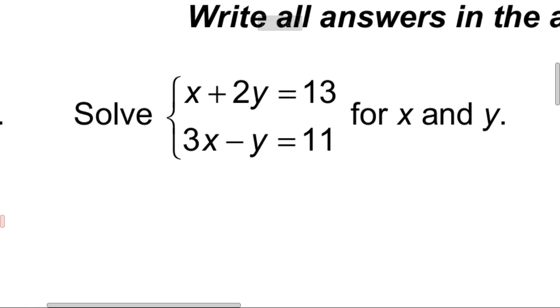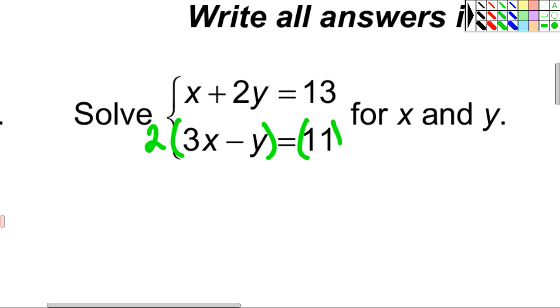Otherwise, I'm usually going with elimination. I'm trying to think, how can I wipe out one of these variables? Well, I could multiply this by a -3 and wipe those out. Or I could multiply this bottom equation by a +2, which would make this a -2y, and I'd wipe those y's out. So let's try that. Multiply this by 2. Now remember, if you multiply the left side of the equation by something, like 2 here, you gotta do the same thing to the right.